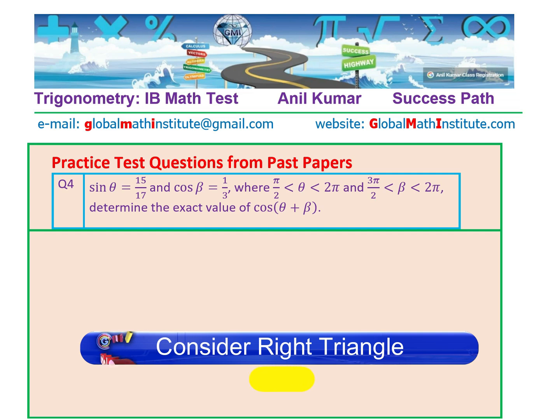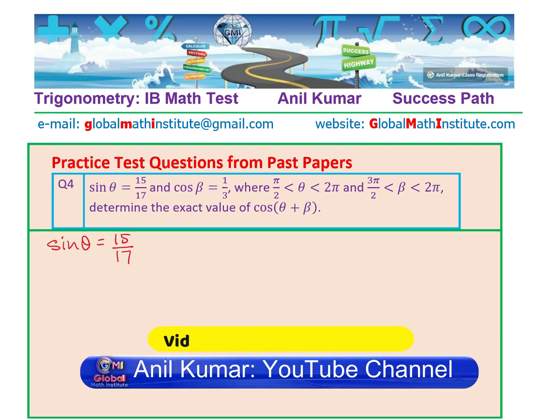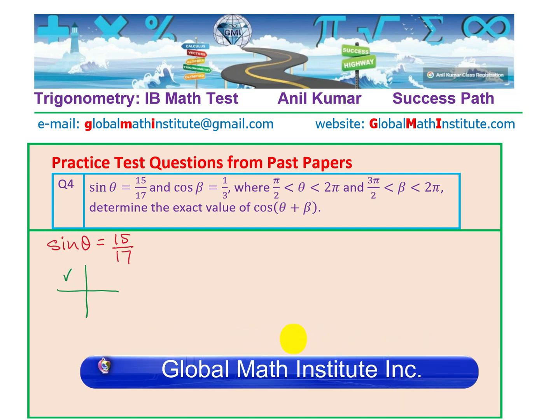Okay, so let's look into what is given to us. Let's start with sine theta, which is given as 15 by 17. It lies in which quadrant? Since it is positive, definitely it has to be in quadrant 2, where only sine is positive.